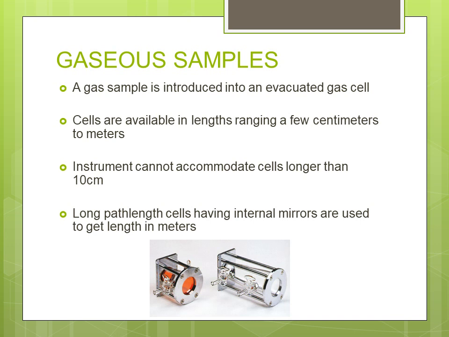But our instrument cannot accommodate cells longer than 10 centimeters. Then how to get path length in meters? Long path length cells have mirrors in their walls, so there are several reflections of the IR radiation before it exits the cell. In this way, the path length in meters can be achieved.